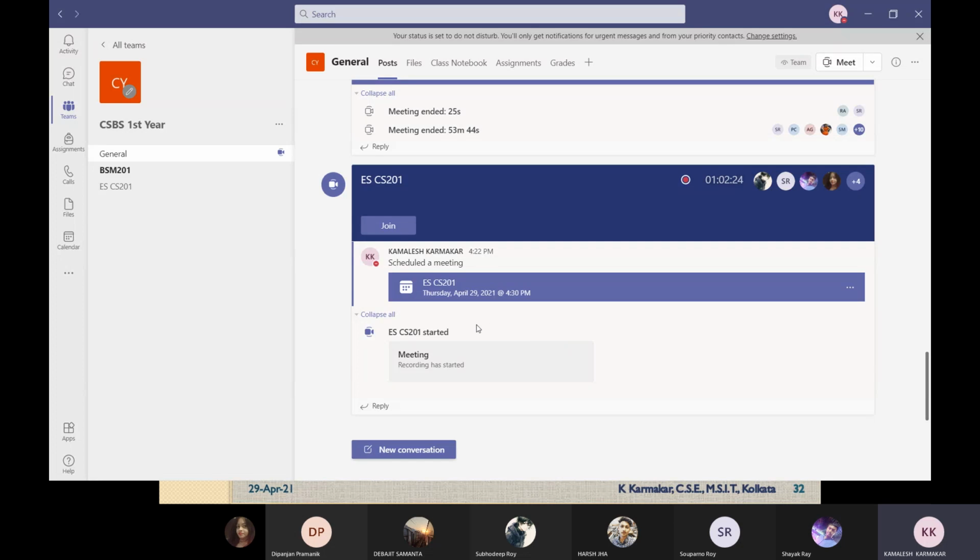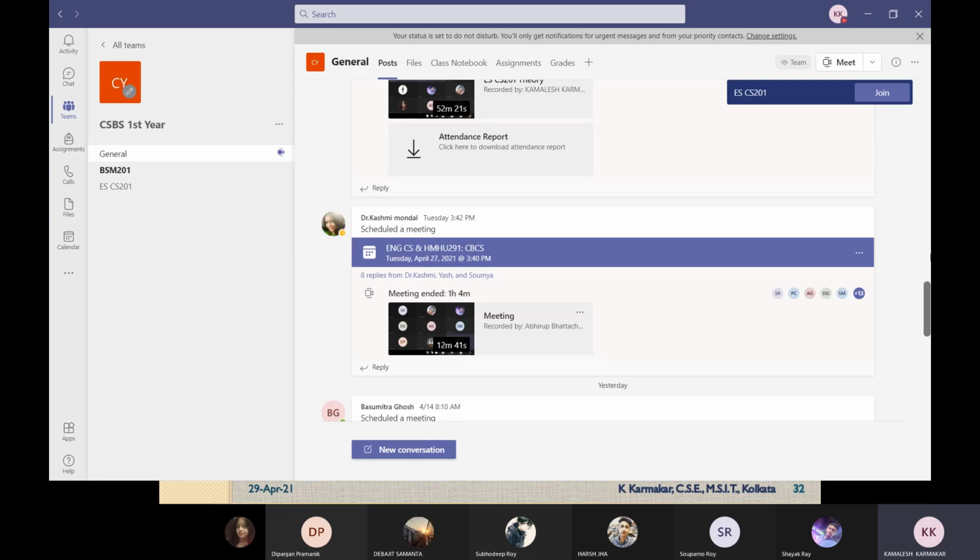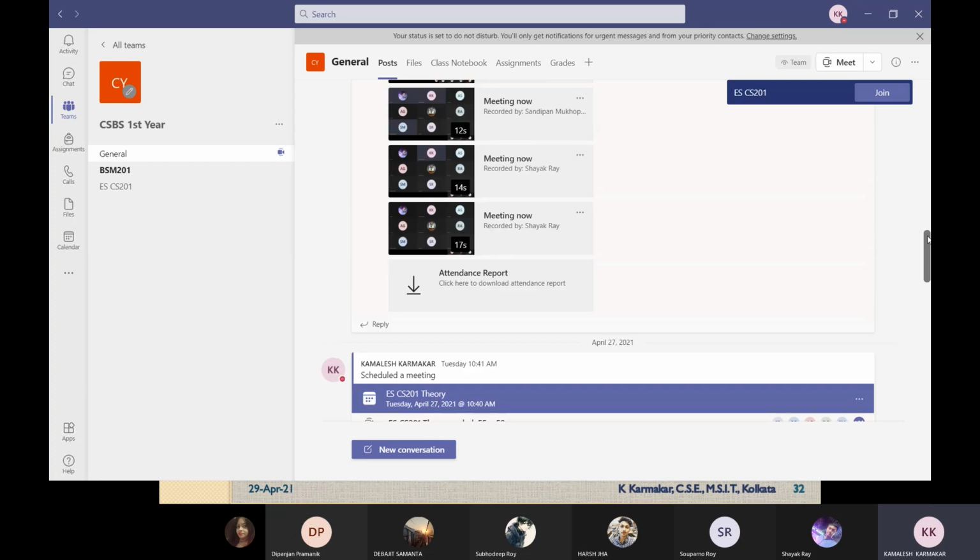Automatically the attendance is being saved at the end of the meeting. Just like this one. If you take any class, then at the end, this has been saved in the system. I can show you that.